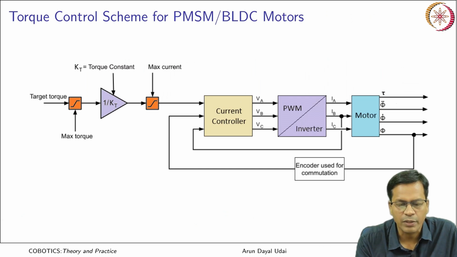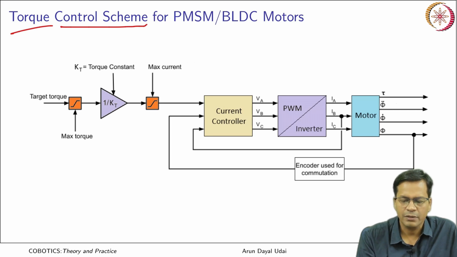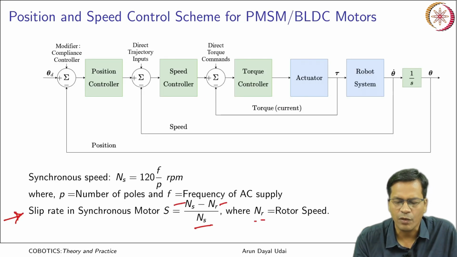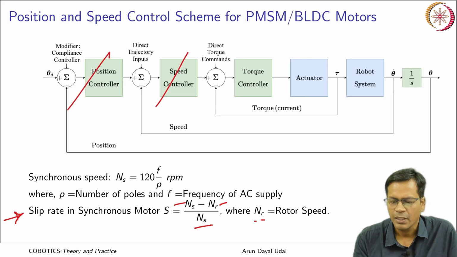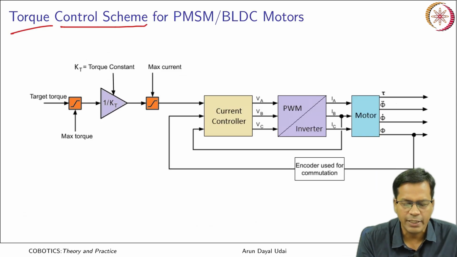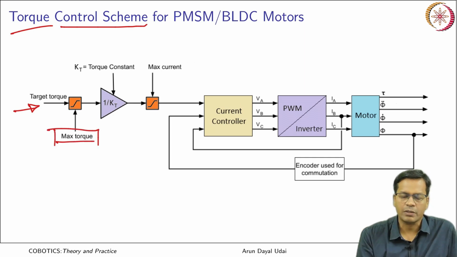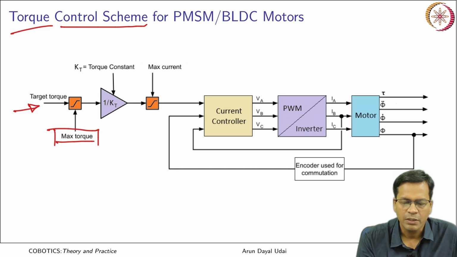Okay. If at all you have to run in control scheme which can control torque, in that case you can simply trim off everything which is here, and this is an equivalent circuit for that. In this case you can directly feed in torque here. Okay. Torque should be clamped based on the maximum torque that is achievable by the motor.